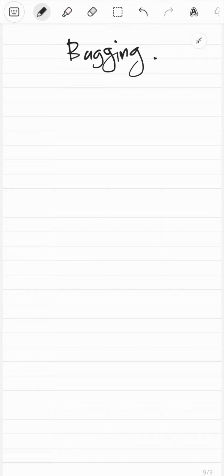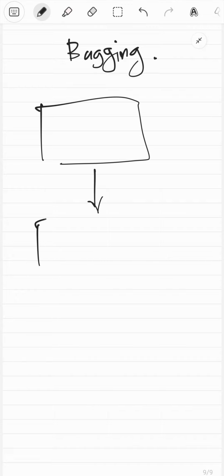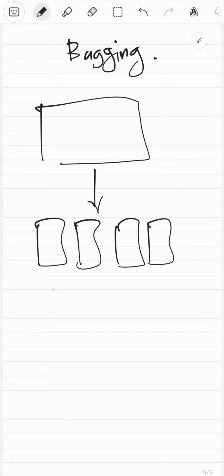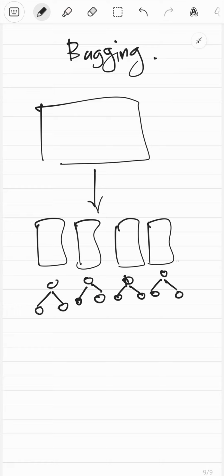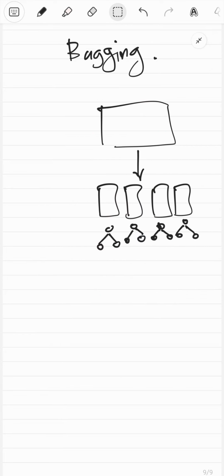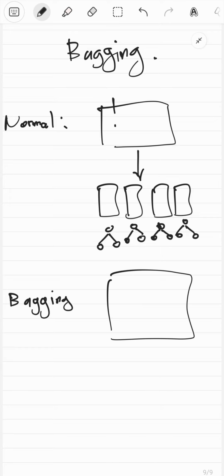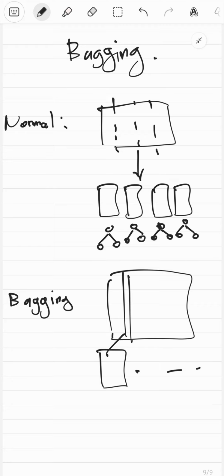And so instead of just splitting your data set into parts and then training each model on that, which is what is done normally, with bagging, each smaller data set that you create is done by having this one point over here and this one point over there and so on, dot dot dot, obviously.